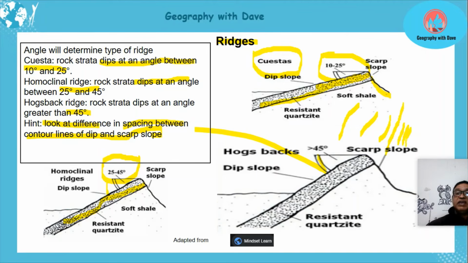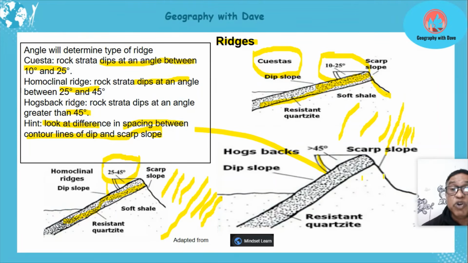Can you see it? Very, very close. And this one, there may be a difference now. Let's put your middle there, and now your dip slope may be, can you see that? What happens to the dip slope? The contour lines are closer, and of course your scarp slope will be close. Okay, and then of course with this one where there's not much difference between the dip and scarp slope, let's put our middle area, and then we say there's the contour lines.